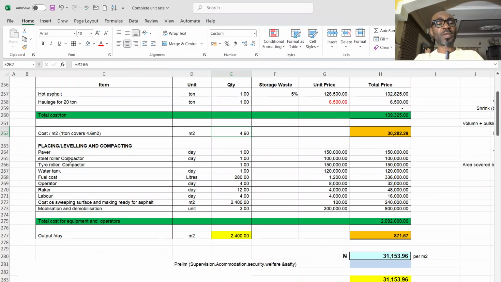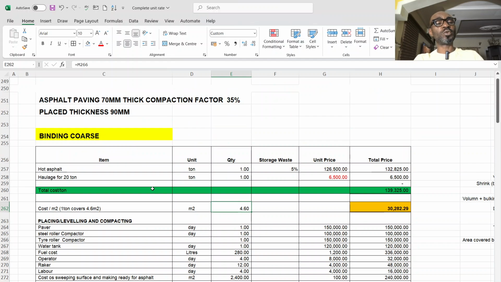As you can see, I have the list of the equipment. You need to know what you are pricing and how it's being done on site. It will help you to know the equipment that is involved for the item you want to price.